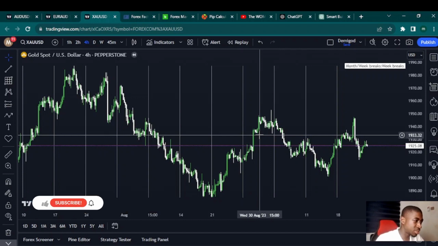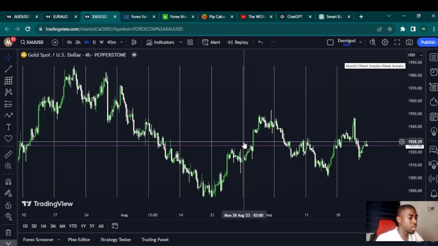But in this entry model, you will be able to use instant execution whenever price gets to your demand zone, your supply zone, or imbalance.